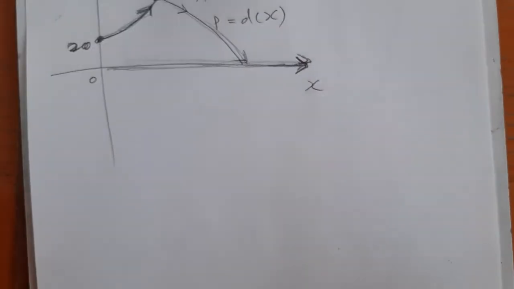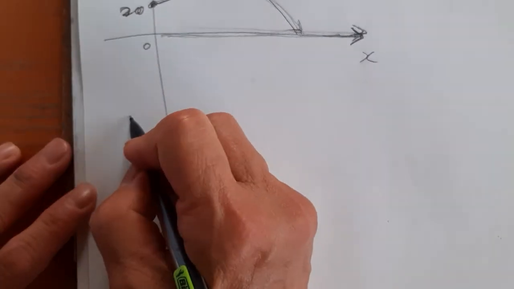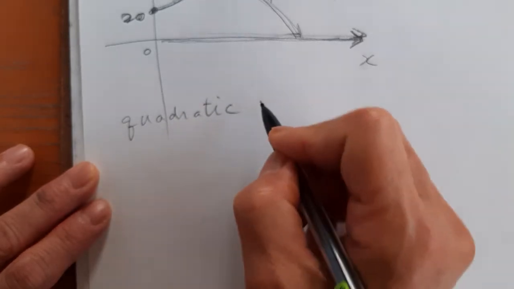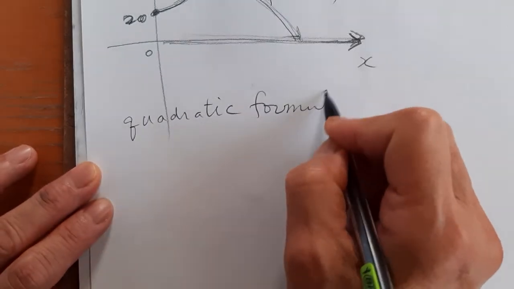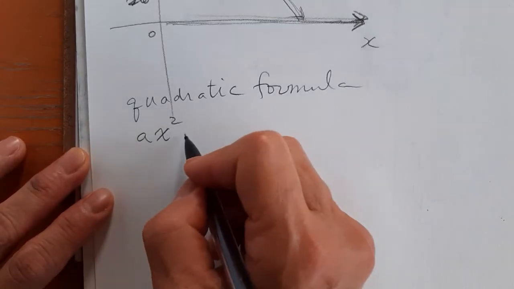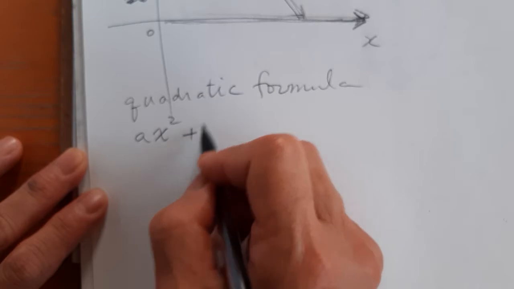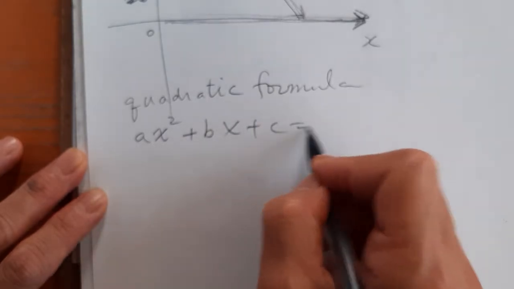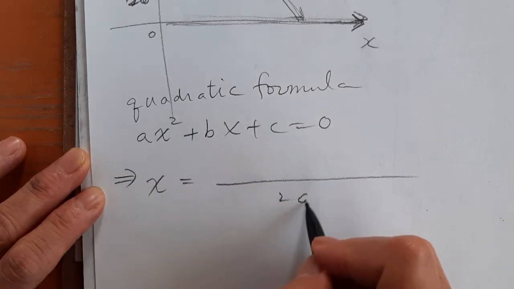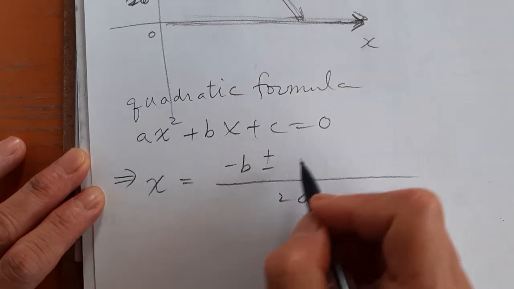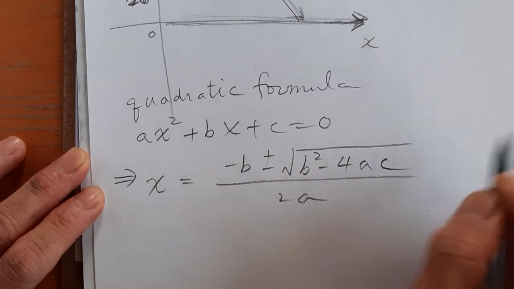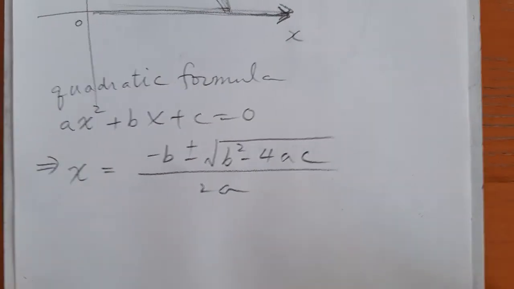If you cannot factor, use the quadratic formula. For a quadratic equation ax squared plus bx plus c equals 0, the quadratic formula is x equals negative b plus or minus the square root of b squared minus 4ac, all over 2a.